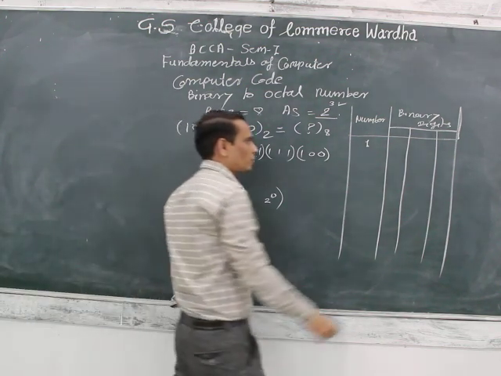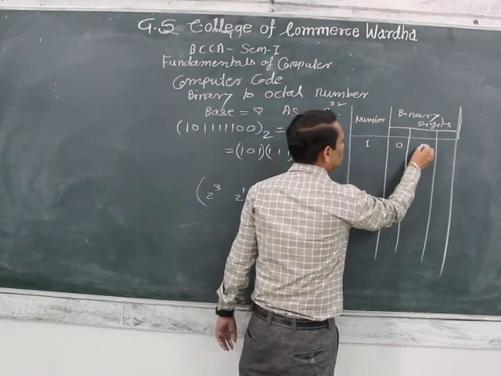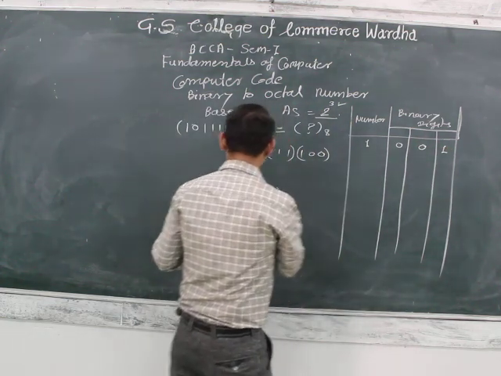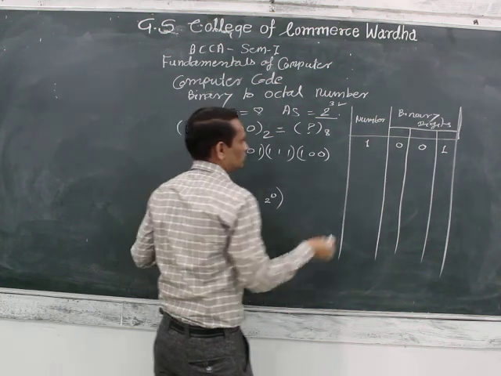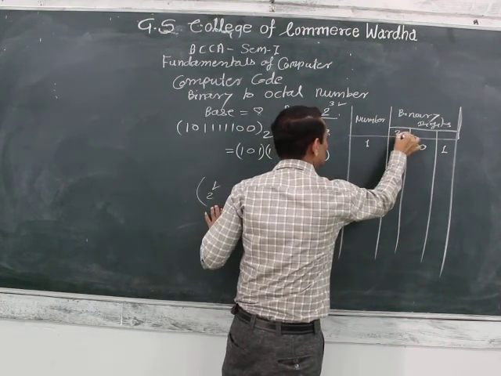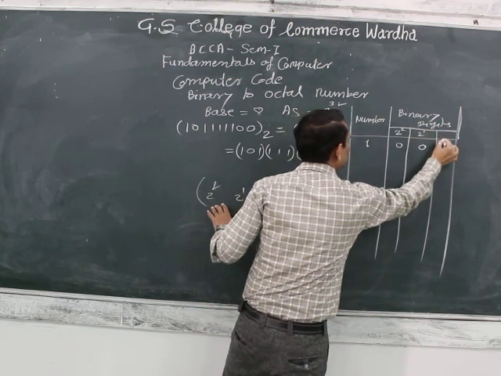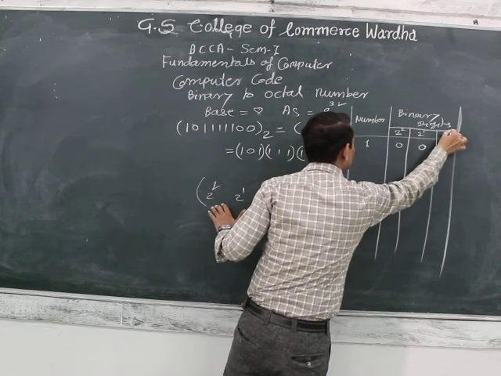For that, 0 0 1, with 2 raised to power 2, 2 raised to power 1, 2 raised to power 0.